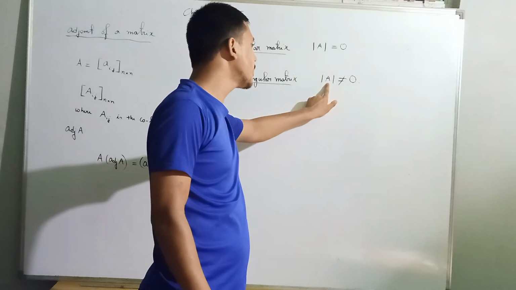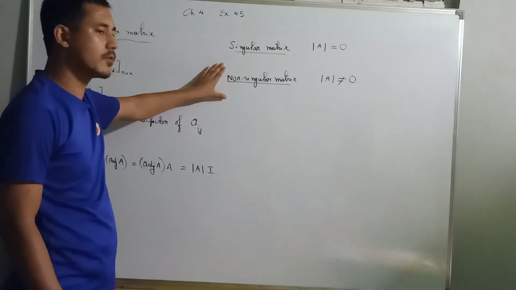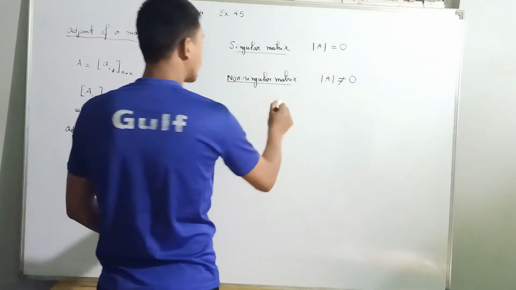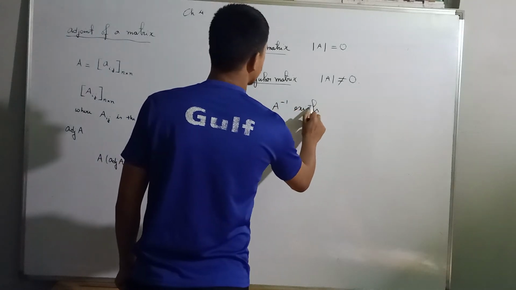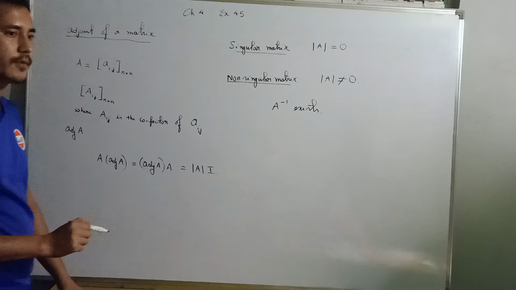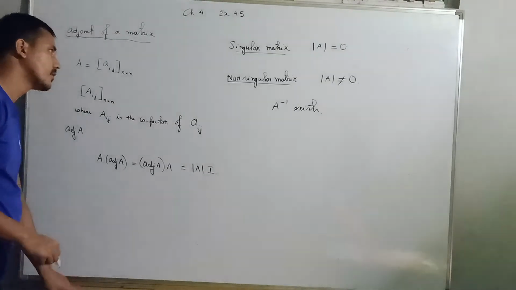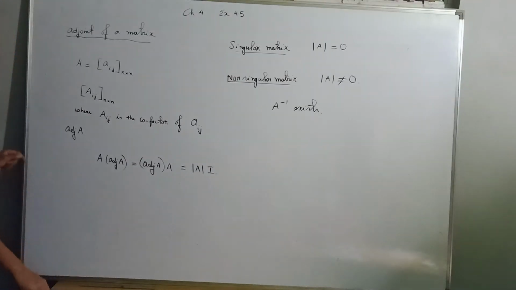And if the determinant of your matrix is not 0, then the matrix is non-singular. And if the matrix is non-singular, then the inverse of that matrix exists, and we can find it. Is it all right now? That's the concept that we wanted for this exercise 4.5.